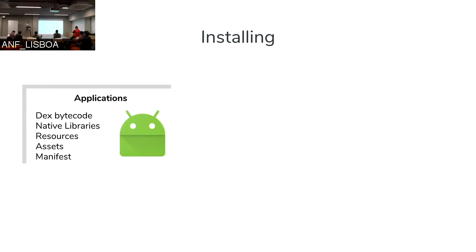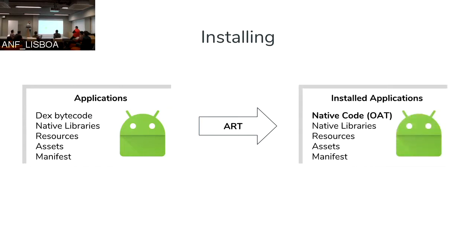complex process, let's call it that, because your DEX bytecode that left your computer isn't actually what runs on the device at all, since ART and since we have more powerful phones now. So what happens to your bytecode? Anyone knows? That's before installing. It gets compiled again. This is crazy. Your code goes through 3 different compilers before it runs.